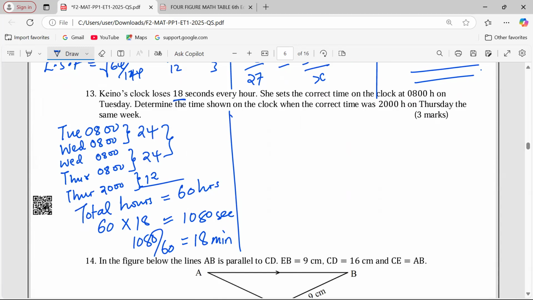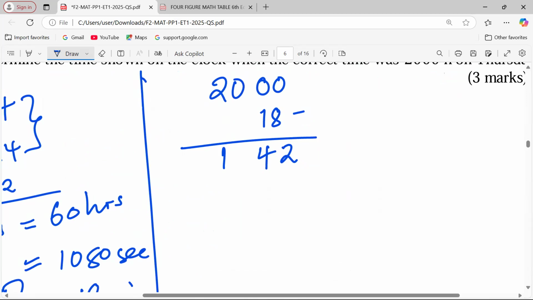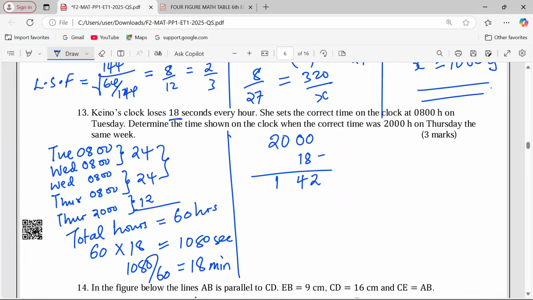So what will be the reading time now? 2000 minus 18. We subtract, because it has lost time, remember? So 60 minus 18, because we have 00 on the minutes. We carry 1 hour, which is equivalent to 60 minutes. So 60 minutes minus 18 minutes, we get 42 minutes. Then now we have 20 where we have subtracted 1 hour, so this is 19.